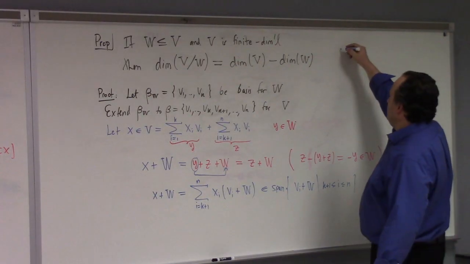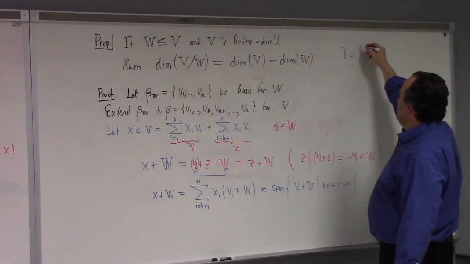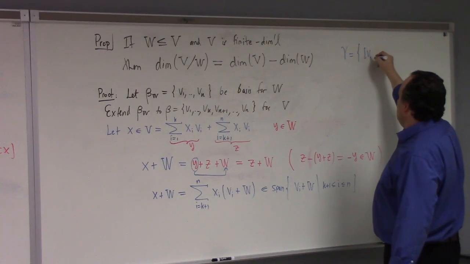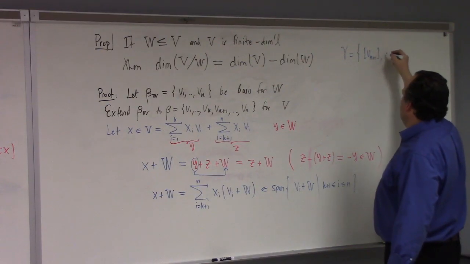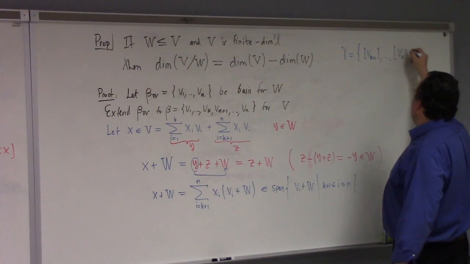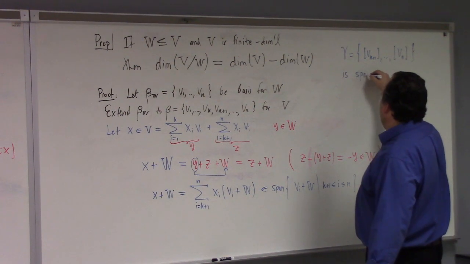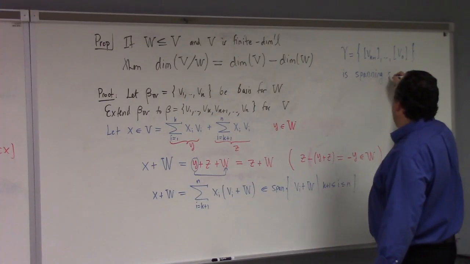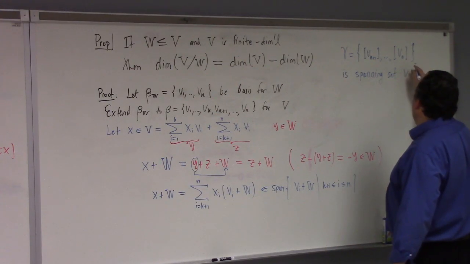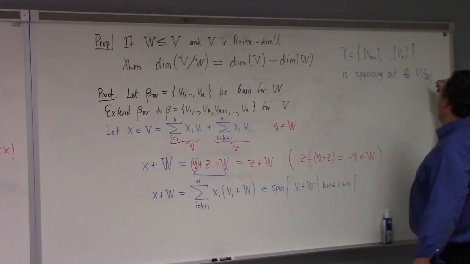So, okay, apparently gamma equal to vk plus 1, ..., vn is a spanning set for V by W.